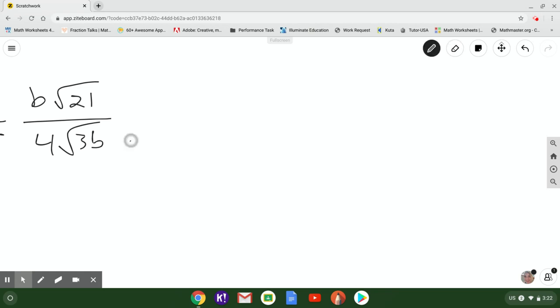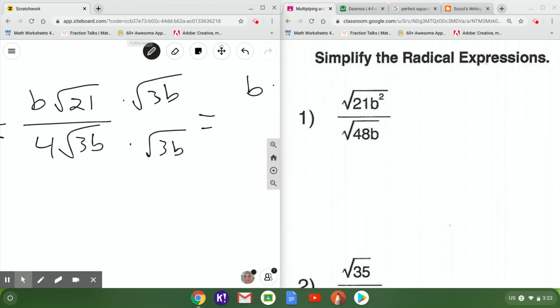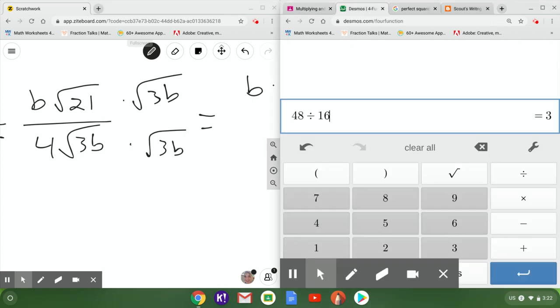Now I have to multiply this by square root of 3b because I don't want that square rooted. And whatever I do to the bottom, I have to do to the top. So the top ends up being b times the square root of, what was that? What was 3 times 21? 63.